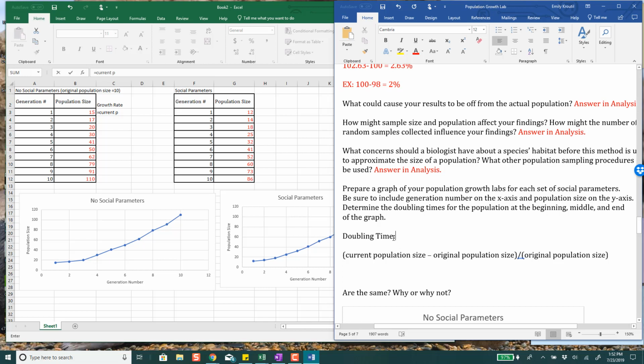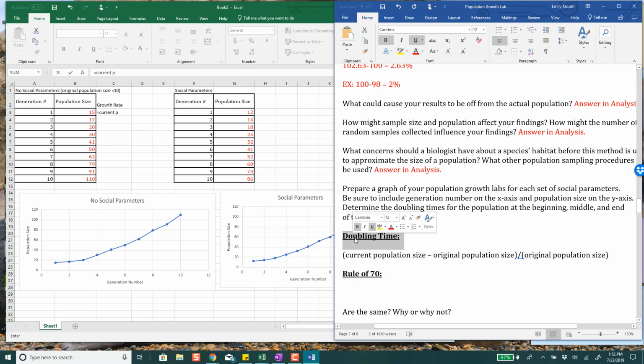And then in AP Environmental Science, we use something called the rule of 70 to calculate doubling time. The previous formula isn't going to give you doubling time. It's going to give you the growth rate, which we then need for the rule of 70. Usually they already give you the growth rate.